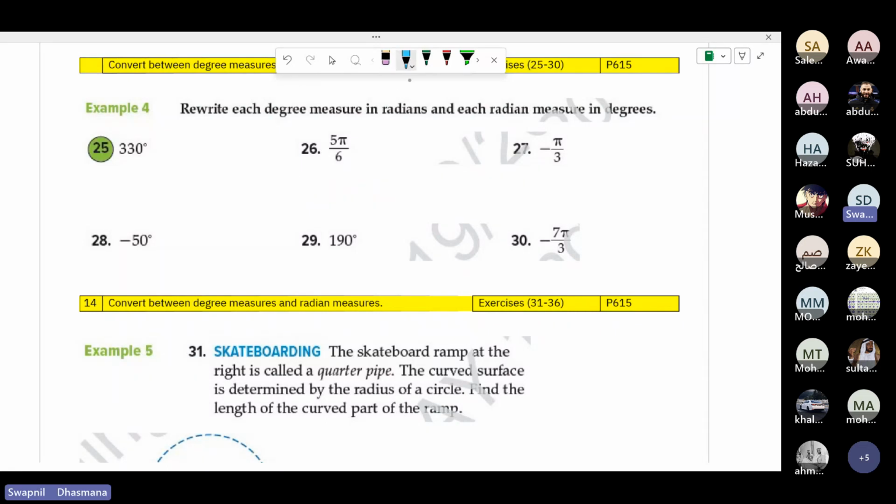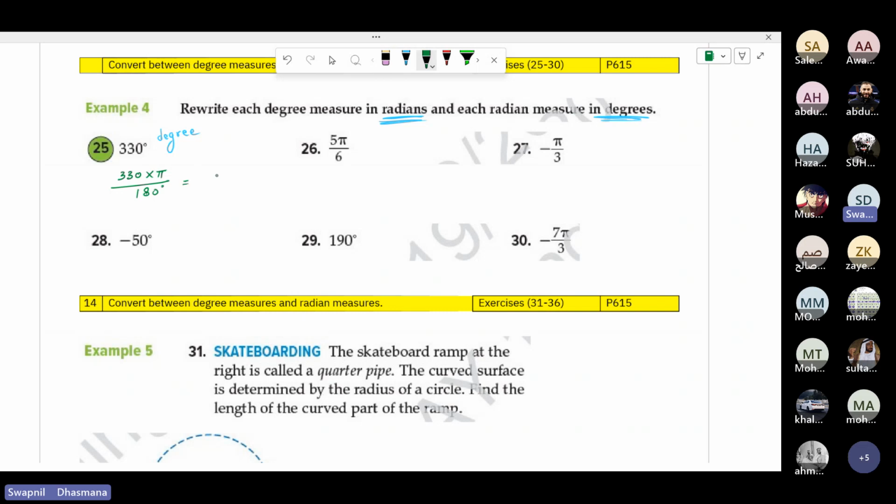This question talks about change to radians and change to degrees. So 330, guys, is this degree or radian? Degree, because there is no pi. So if it's degree, first you will write pi on top, and below you will write 180.